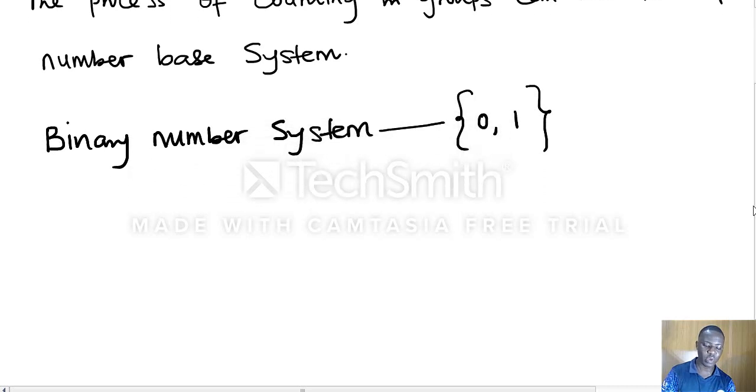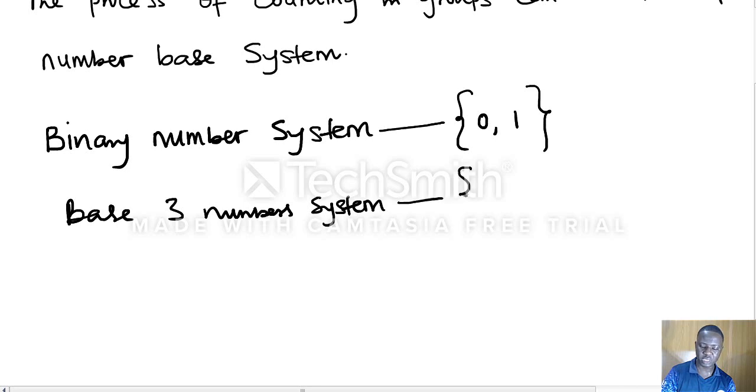Also, we have the base 3 number system, which I will just type. The base 3 number system is made up of 3 digits, which are zeros, ones, and twos.